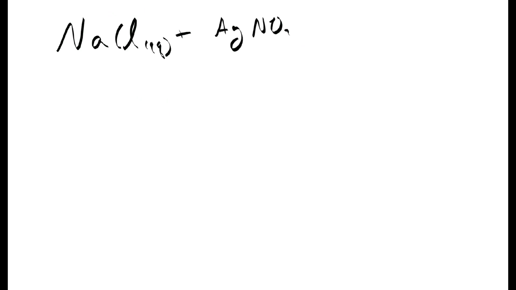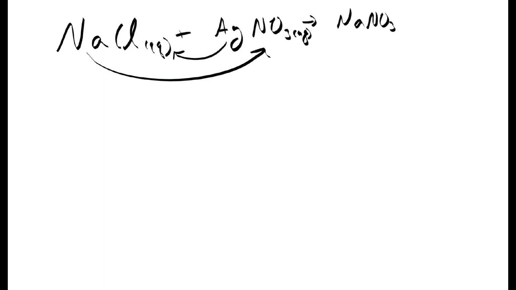So, for example, one I've already showed you, sodium chloride plus silver nitrate goes to form what? Well, they swap partners, so sodium is going to go with the nitrate, and silver is going to go with chloride. So sodium nitrate, you look at your solubility rules, sodium is always soluble, nitrate is always soluble.